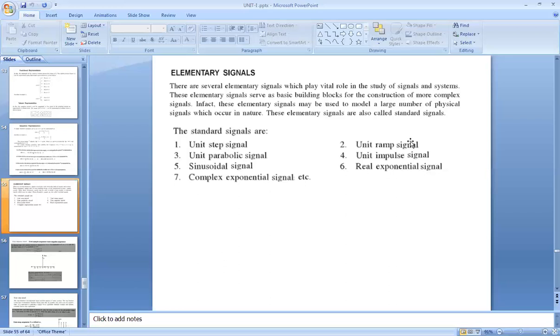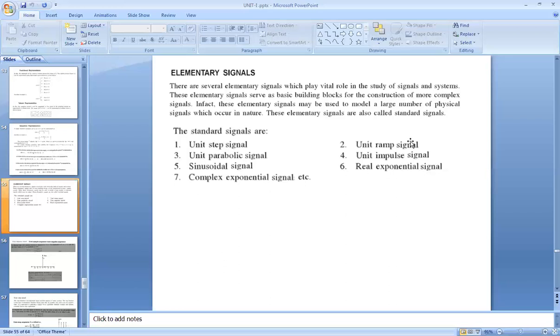Now we will see how you can represent these signals, what are their mathematical expressions, and how you can describe these signals in discrete time representation. We go through them one by one. This study is important in our further units because these signals are necessary whenever we solve any problem or design any discrete time systems.